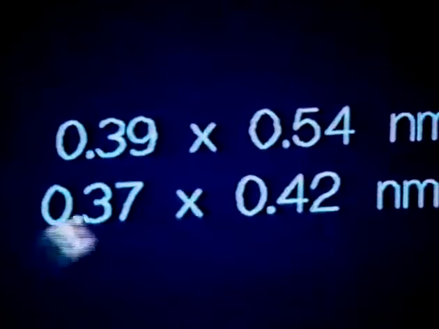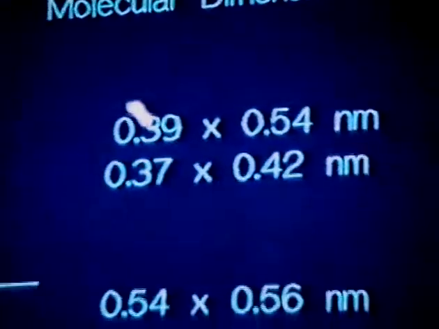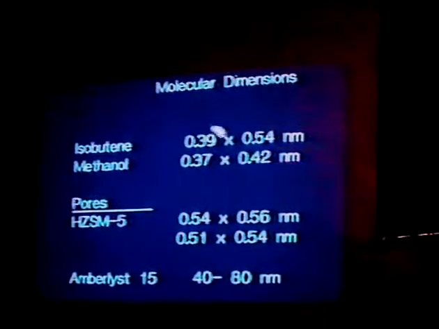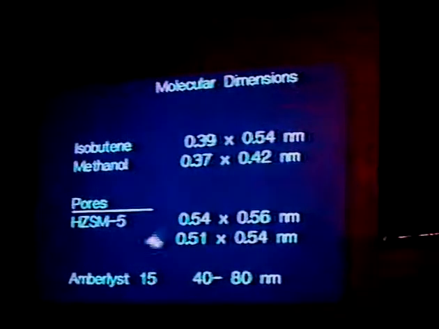Because of the size of the zeolite pores, it's useful perhaps to look at the various dimensions of our feedstocks. And as shown here, the isobutylene is about 3.9 by 5.4 angstroms, or 0.39 by 0.54 nanometers, and the methanol a little bit smaller.